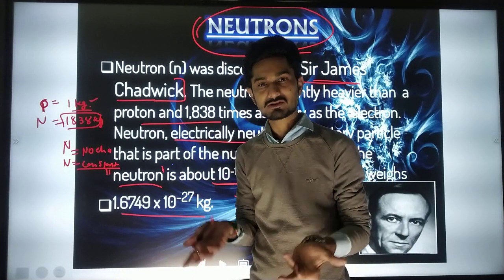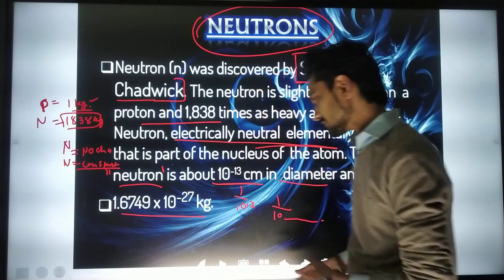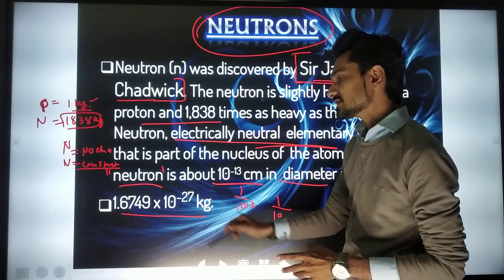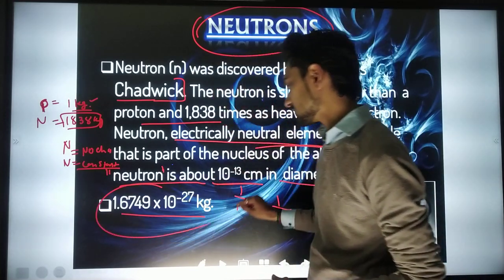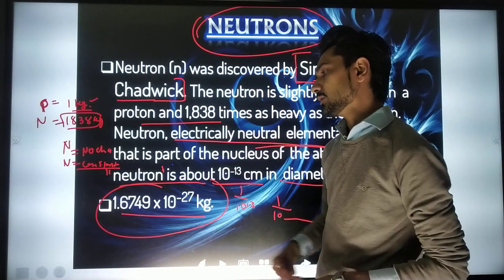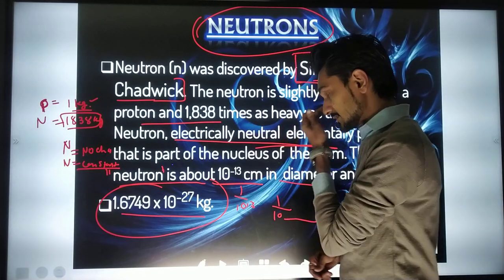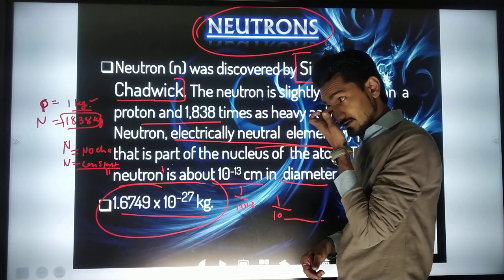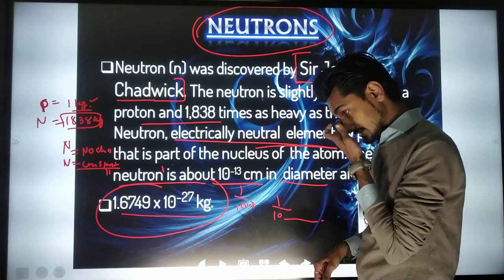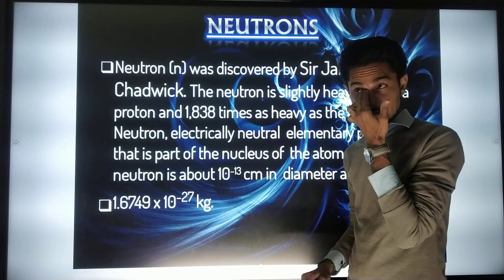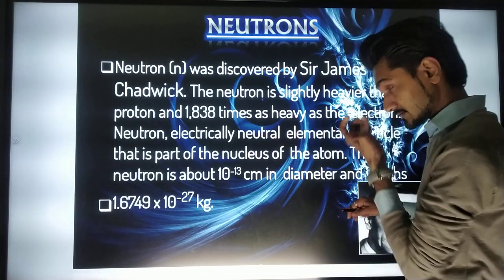So we have to memorize the value of its mass, which is 1.6749 into 10 raised to minus 27 kilogram, because it is a scientifically proven fact.